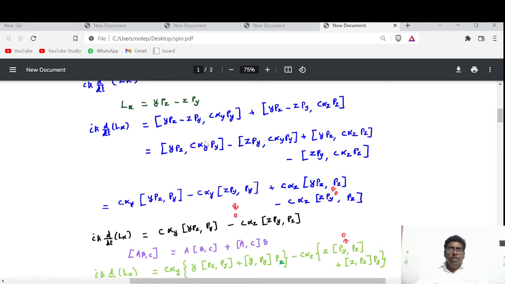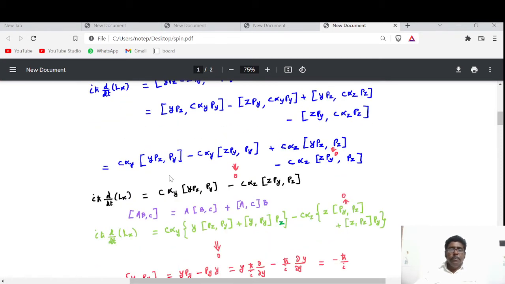Then take out c αy from this compartment, and here take c αz. Then we may get c αy [y pz, py] minus c αy [z py, py] plus c αz [y pz, pz] minus c αz [z py, pz].